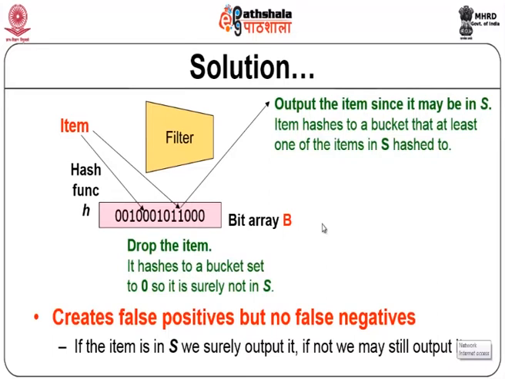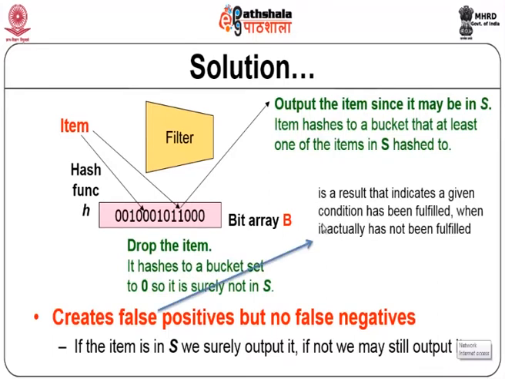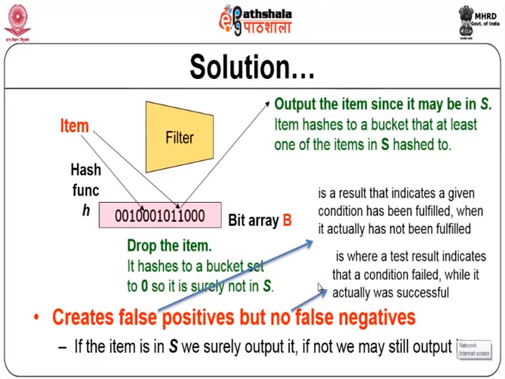Let us understand what a false positive and a false negative are. A false positive is a scenario where a result indicates that a given condition has been fulfilled, but actually that condition may not be fulfilled. A false negative is another test scenario where the result of the test indicates that the condition has failed, but actually the condition may be successful.